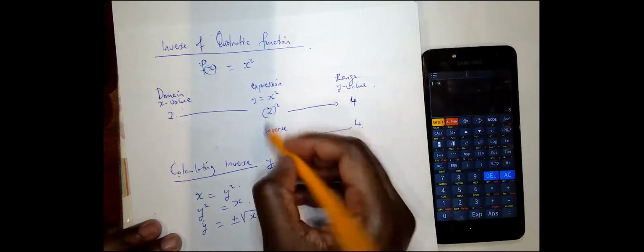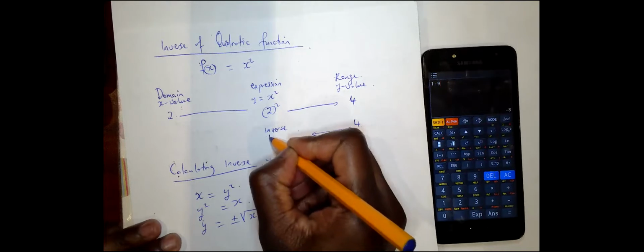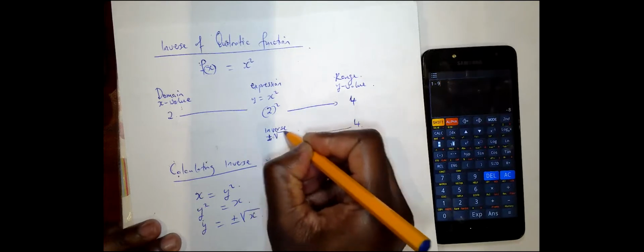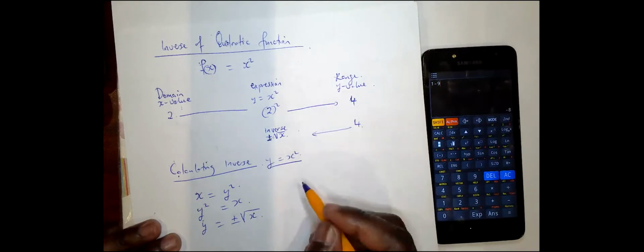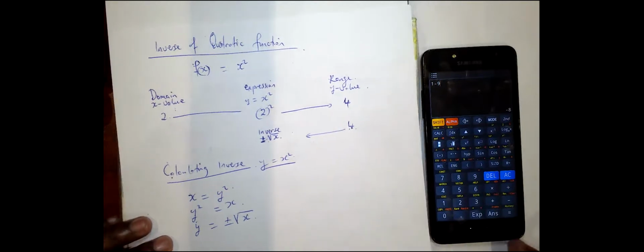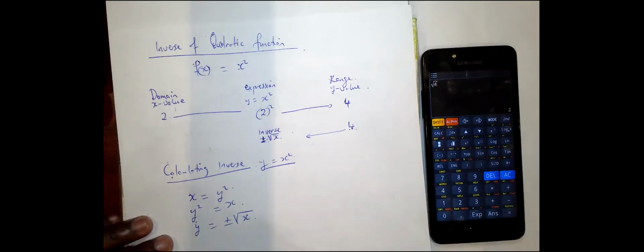Now our expression there is plus minus root of x. In this case, remember, we are going to put 4 here. If we put 4 there, root of 4 is what? Root of 4 is 2.